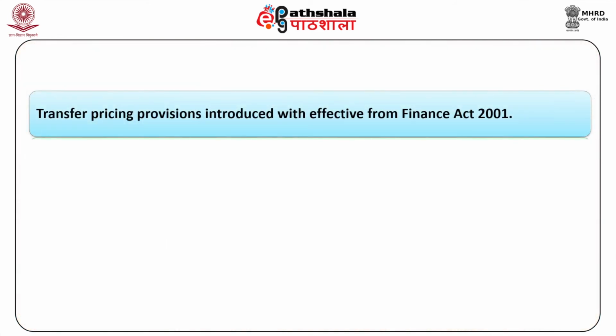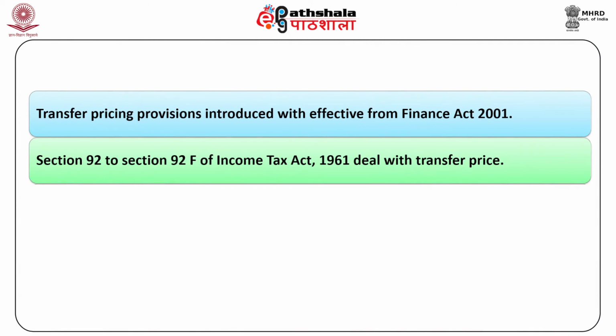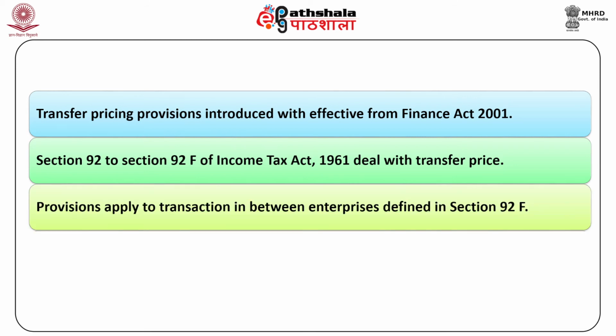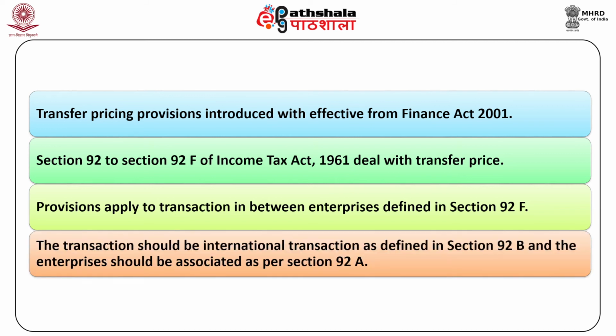Now we move on to the cost of capital in integrated and segmented markets. Here, the first, transfer pricing provisions were introduced with effect from Finance Act 2001. Secondly, Section 92 to Section 92F of the Income Tax Act 1961 deal with transfer pricing. The third, provisions apply to transactions between enterprises defined in Section 92F. Fourth, the transaction should be an international transaction as defined in Section 92B and the enterprises should be associated as per Section 92A.